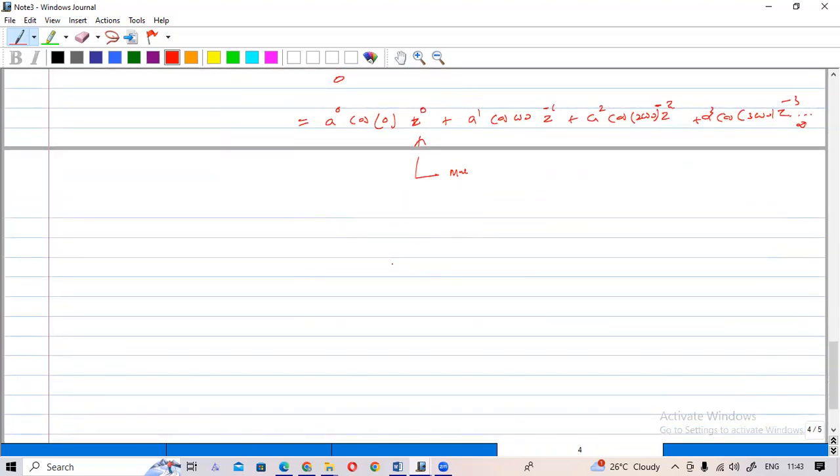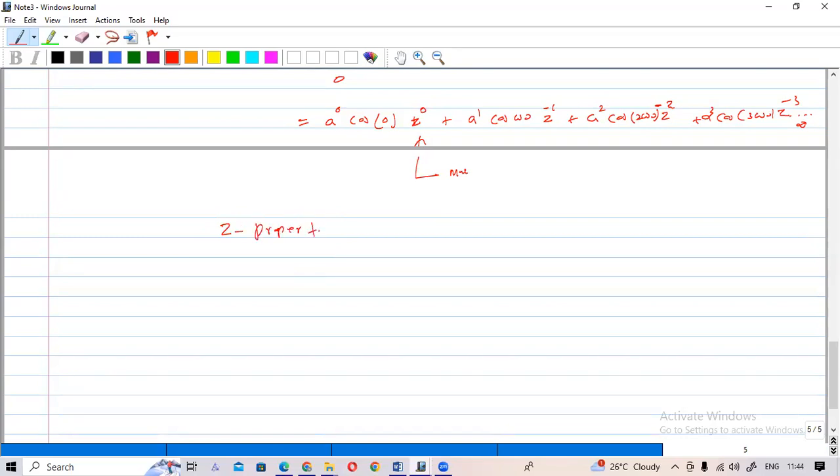If we have this kind of inconvenience in finding the Z transform, you can use Z transform properties to calculate the Z transform of this kind of signal. That is the use of Z transform properties.